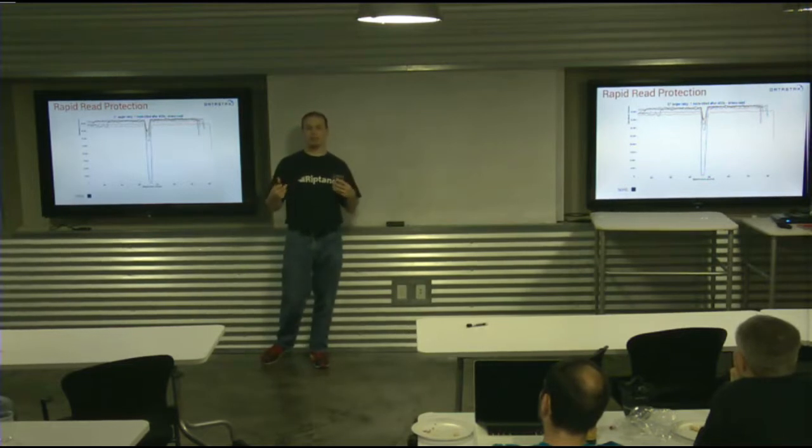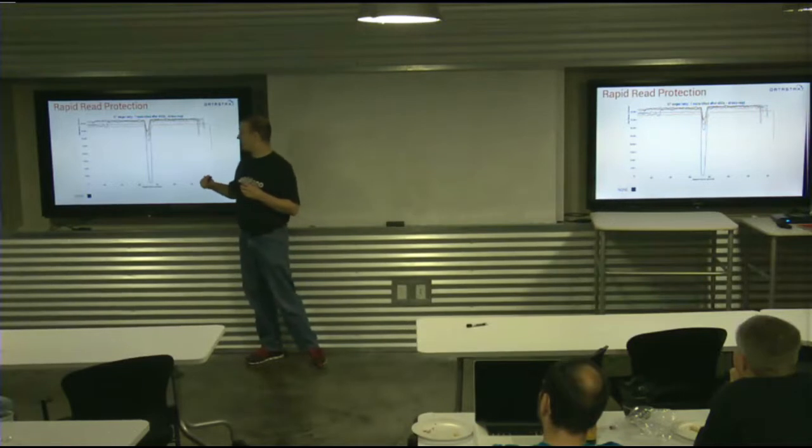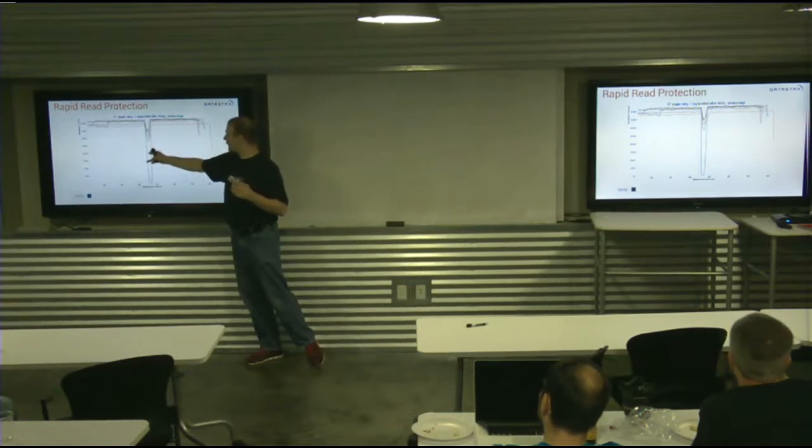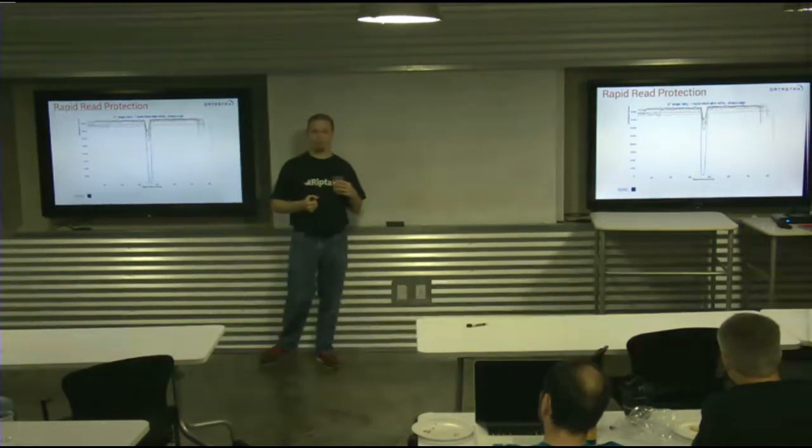This is the classic Cassandra behavior from 1.2 and earlier versions. What happens here is that we're hitting the cluster with 35,000 to 40,000 read operations per second, and we killed one of the machines halfway through.